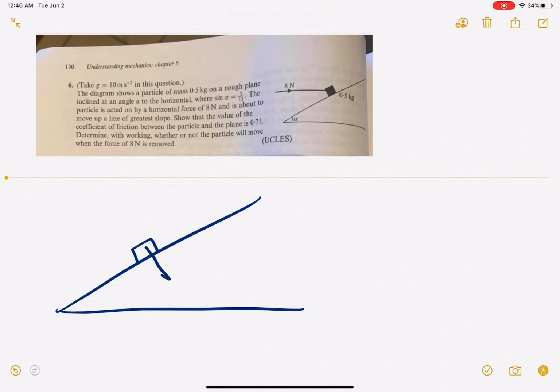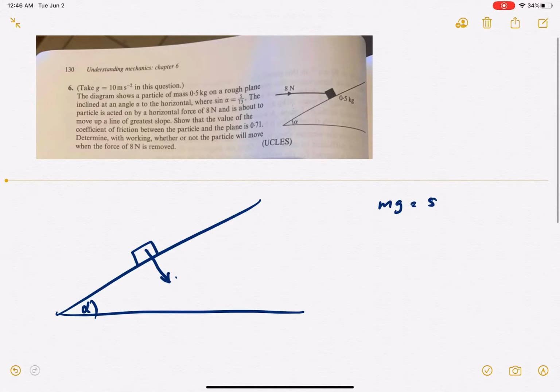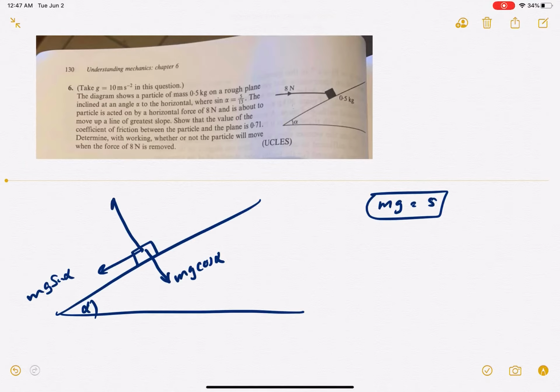One is mg cos alpha, which is 5 cos alpha, and the other is mg sine alpha. And since it's in contact with the plane, there should be a normal reaction R.